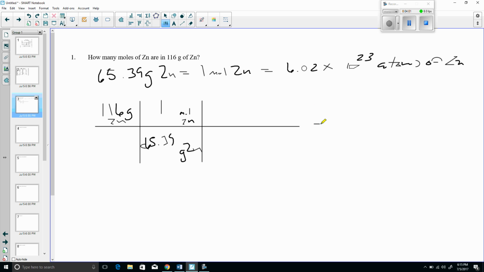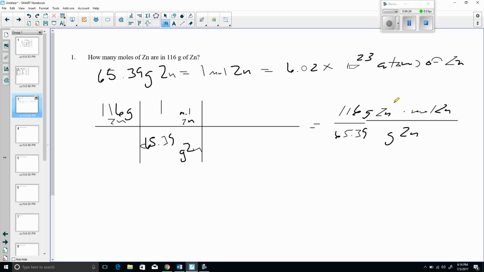So you can put out here if we wanted to, 116 over 65.39. But we're not really done doing anything until we look at units. So we have grams of zinc times moles of zinc, and then we have grams of zinc.